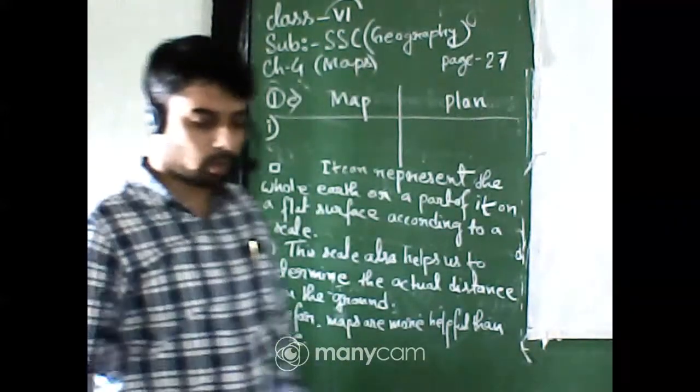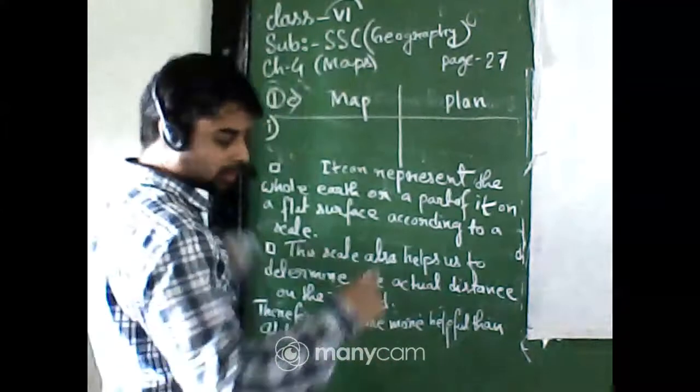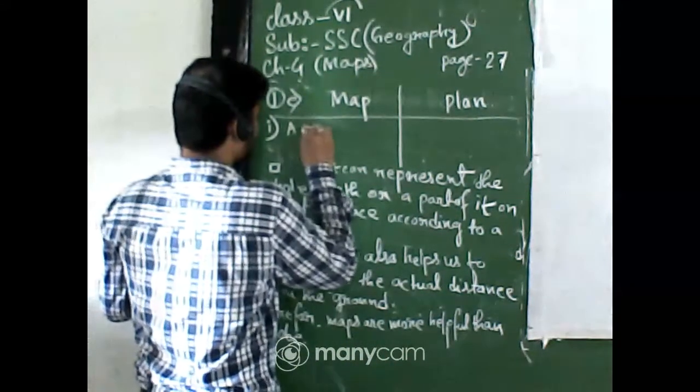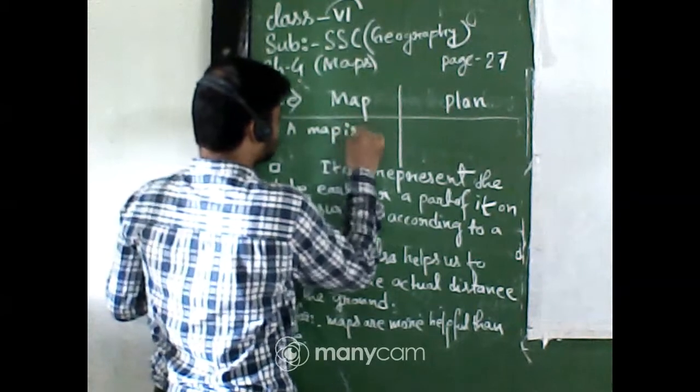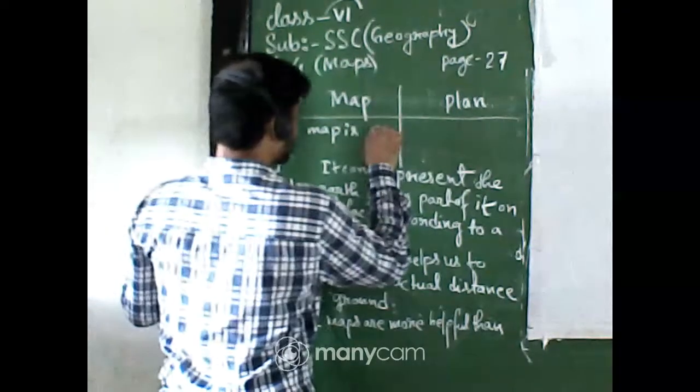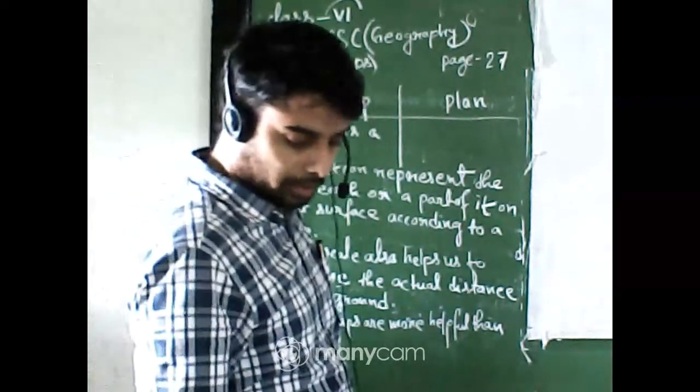Now map, point number 1, that a map is a representation, you can write the entire definition of map.